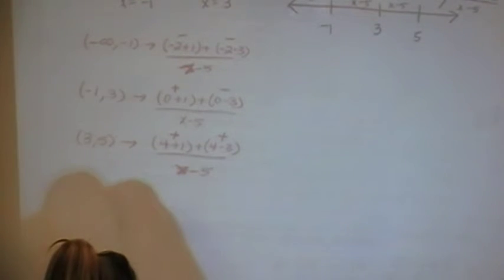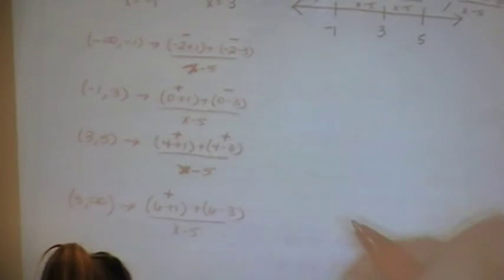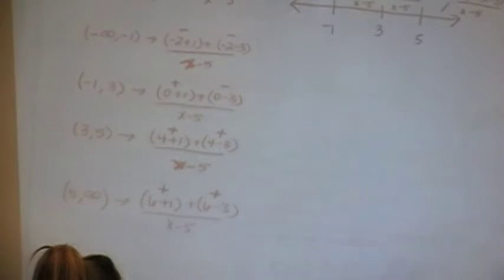So these are positive and positive. And now I'm going to go from 5 to infinity. So I'll plug in 6. First piece comes up positive. Second piece comes up positive. Is everybody okay?